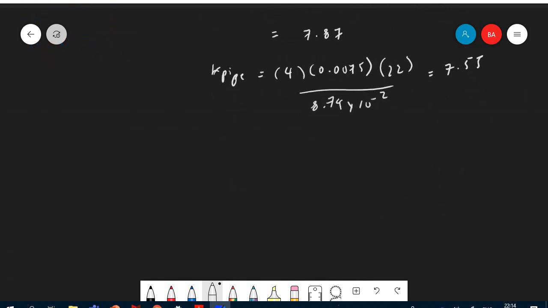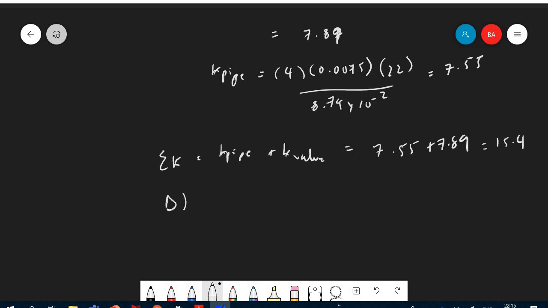In this case, I have K pipe plus K valve, the summation of the K. So I have the summation here, 7.55 plus 7.89, which is 15.4.